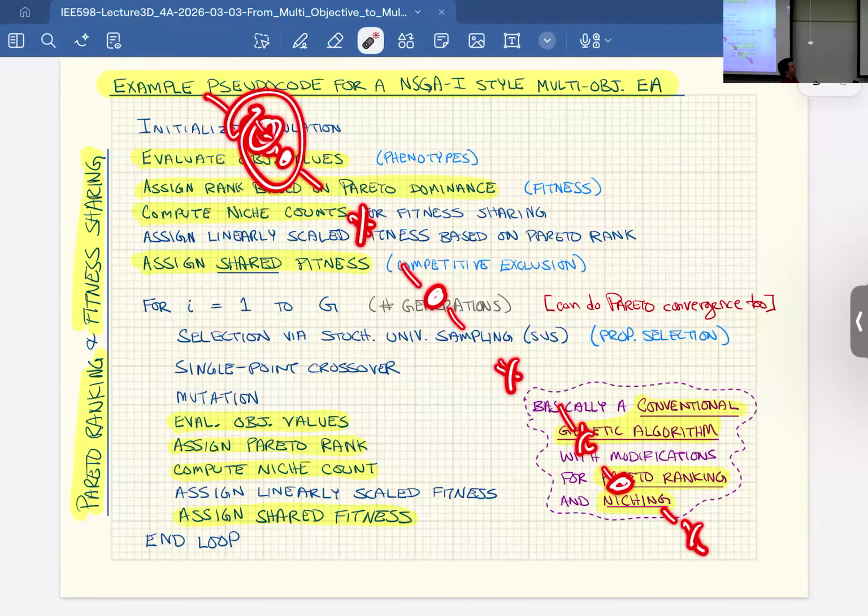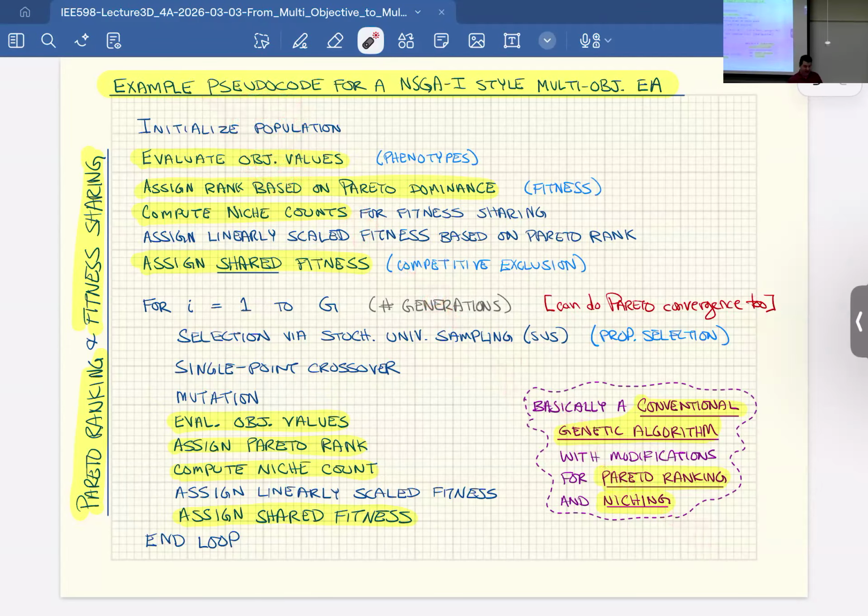So that's the idea behind crowding: we're not trying to say that we don't think that trade-off position is a good one. We're saying we want at least one of them to be there, but we only need one. If there's a bunch there, then let's use that population space and spread them out so we can find additional trade-offs. Does that make sense?